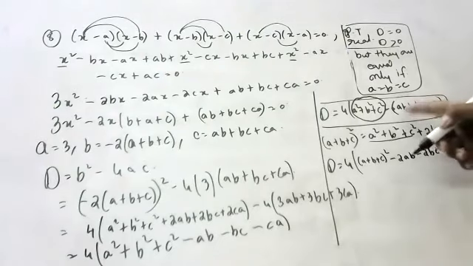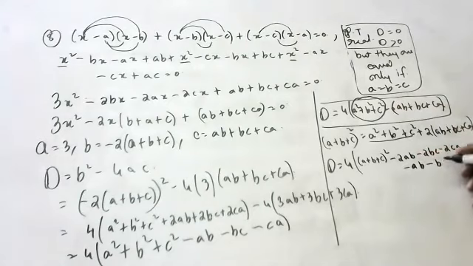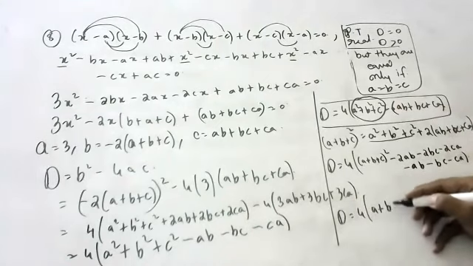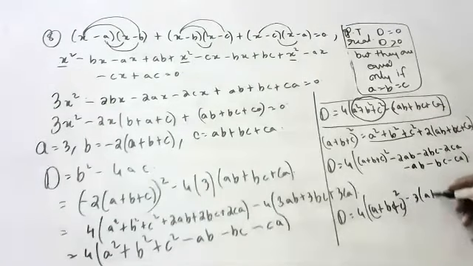Apart from this, we have minus ab minus bc minus ca. So D is equal to 4 into ((a plus b plus c) whole square minus 3 times (ab plus bc plus ca)), children.